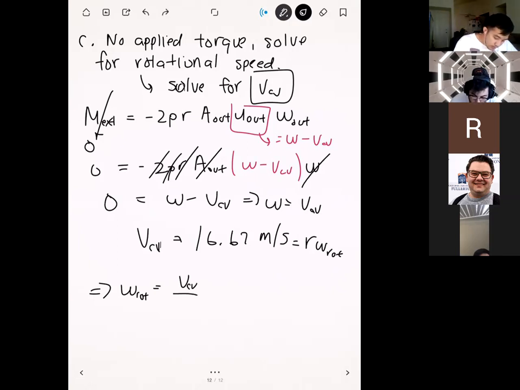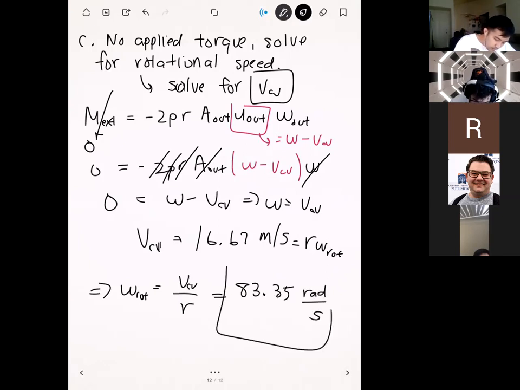And so W rot is going to be VCV divided by R. So we're going to take our 16.67 here and divide it by 0.2, which is our radius, and then we get 83.35 radians per second. And then of course you can also convert this radians per second into revolutions per minute, or RPM, if you so desire.